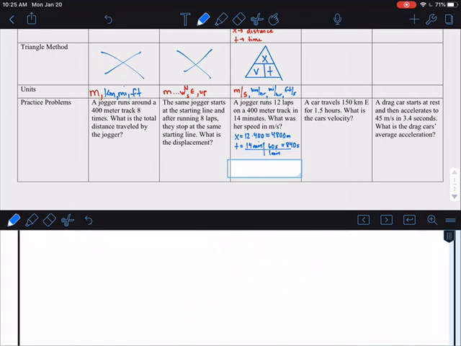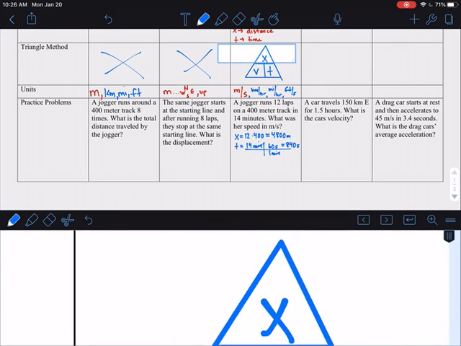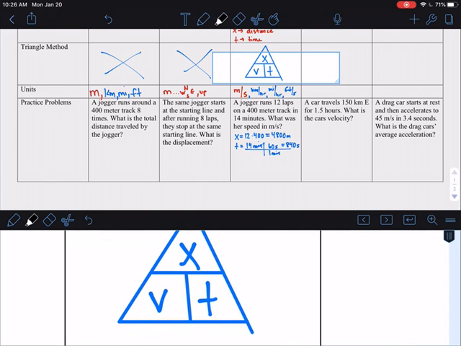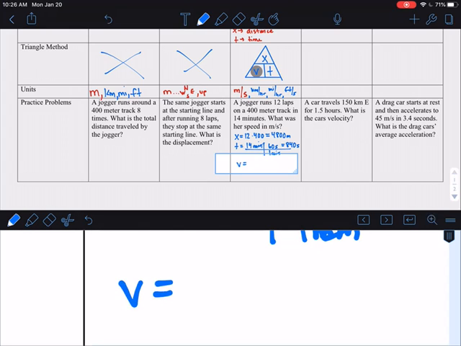Now, let's practice our triangle method. I know x and I know t, so I'm looking for v. I cover up what I'm looking for, and that tells me to divide x by t. So v is equal to x divided by t.